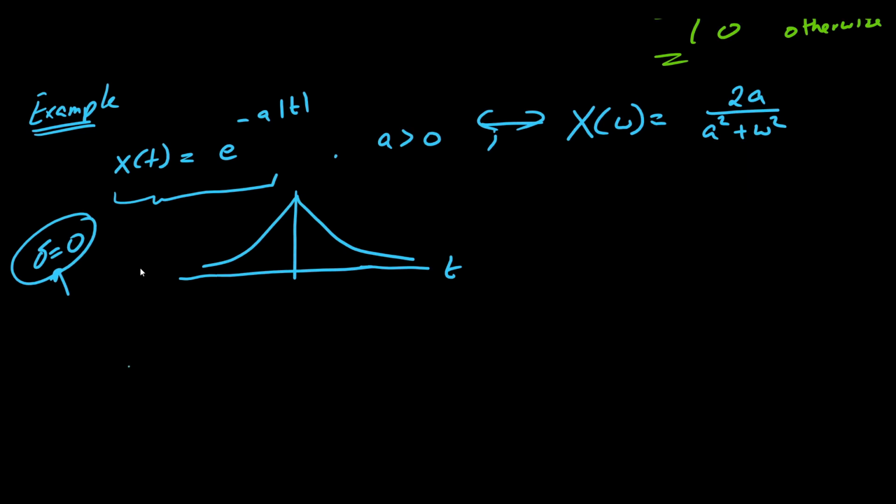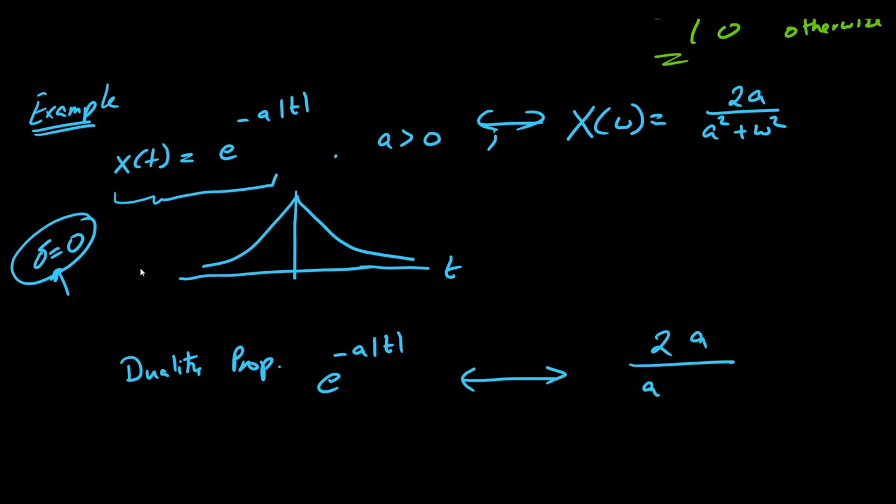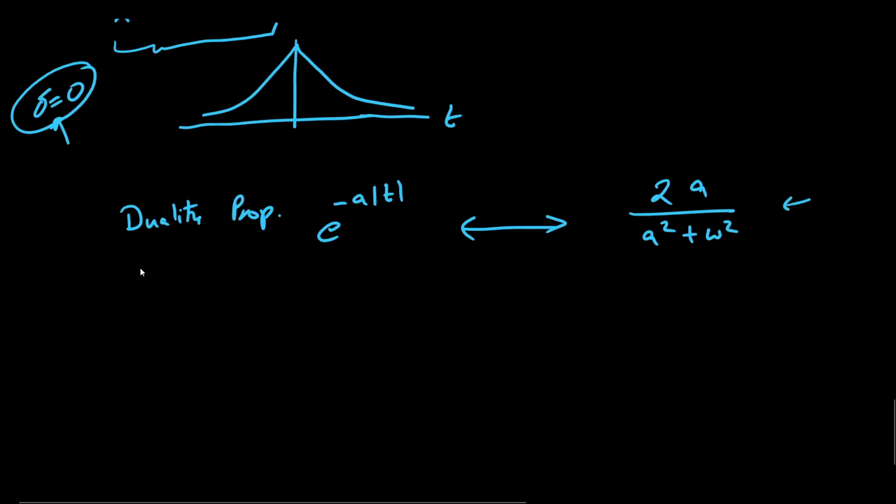So from the duality property, we have e to the power minus a absolute value of t, and this is paired with 2a over a square plus omega square. Now the transformation of this with respect to variable omega: in time domain we have 2a over a square plus t square.